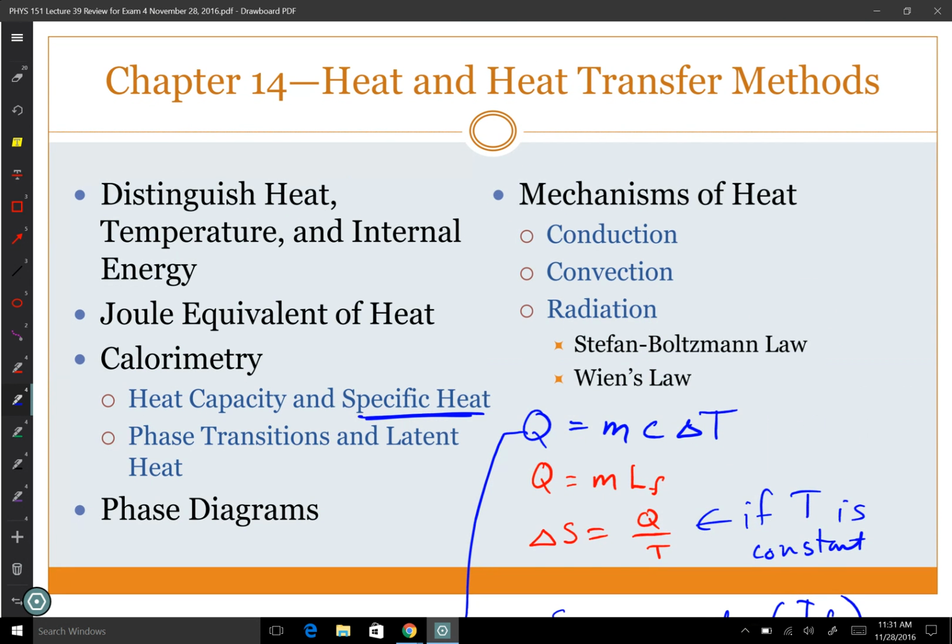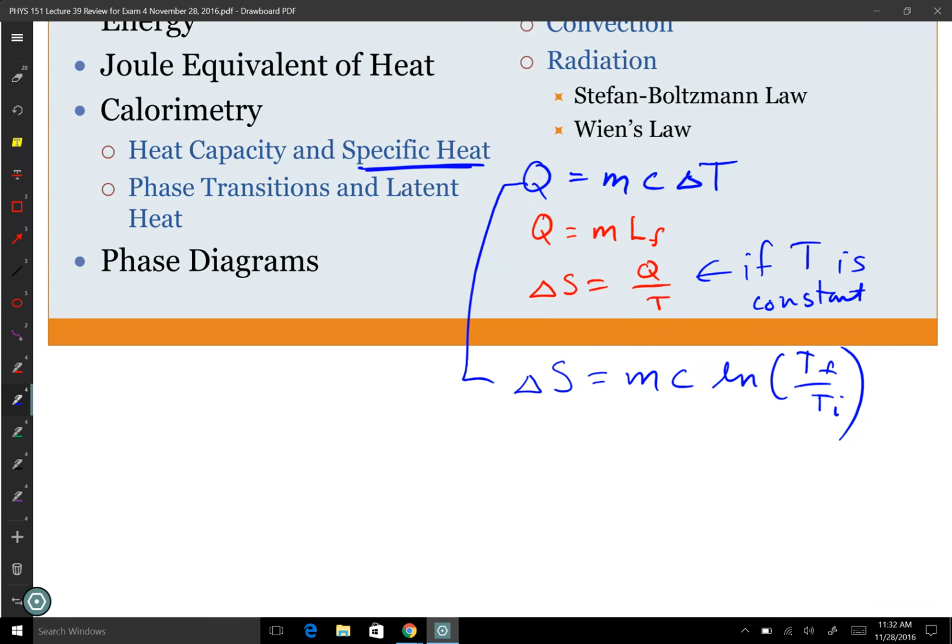Okay, so we have the equations there for the specific heat that relates the mass, the change in temperature, and the heat. If we have something that's solid or liquid, that's one version. If it's a vapor, we still have a specific heat, but we have two versions.